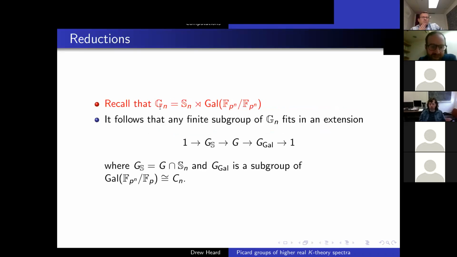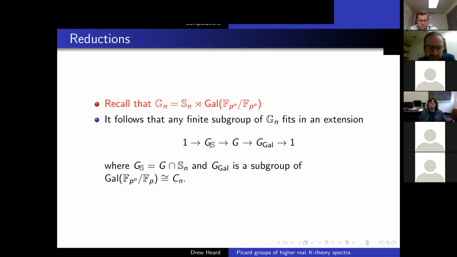So this stabilizer group was a certain semi-direct product of the little stabilizer group and the Galois group. If I take any finite subgroup of the big stabilizer group, it fits into an extension of this form.